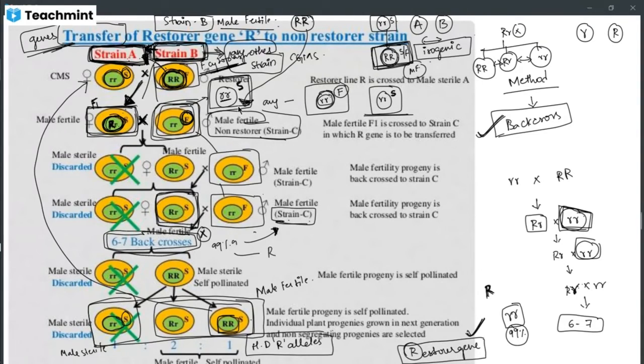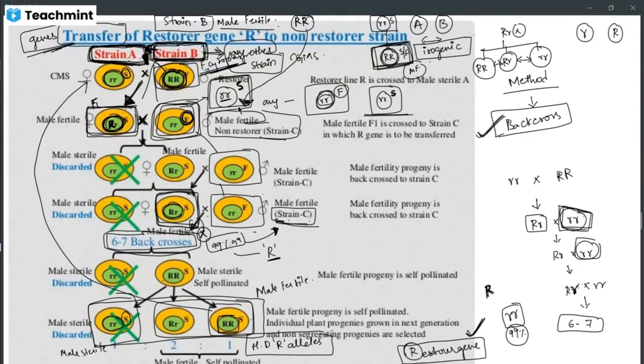That gene is your restorer gene. So once your restorer gene is in the background of 99.99% of the strain C genome, you can just self this strain.